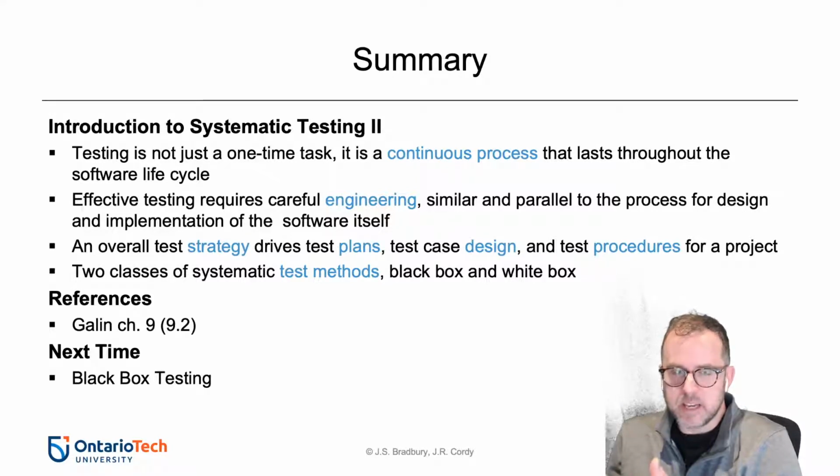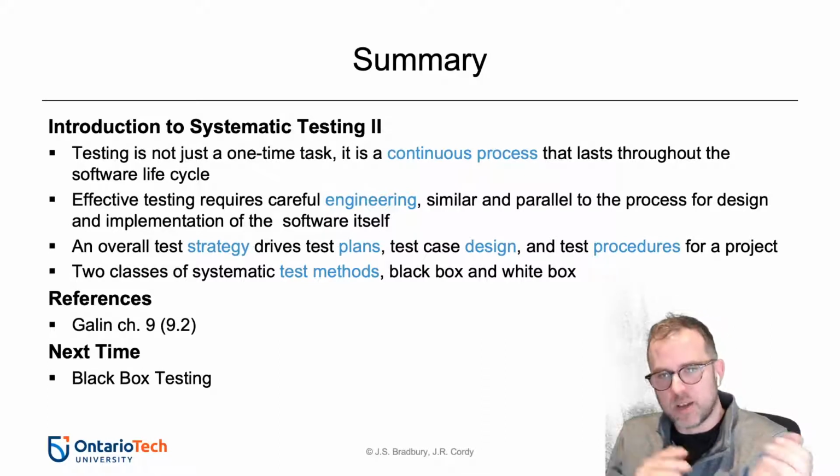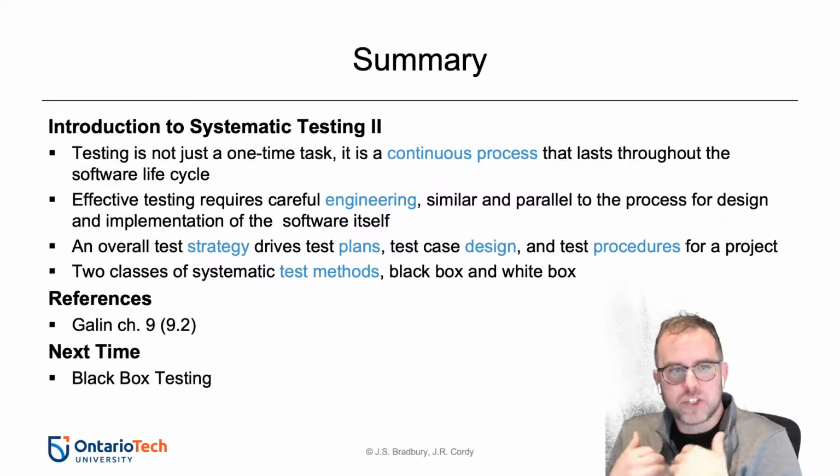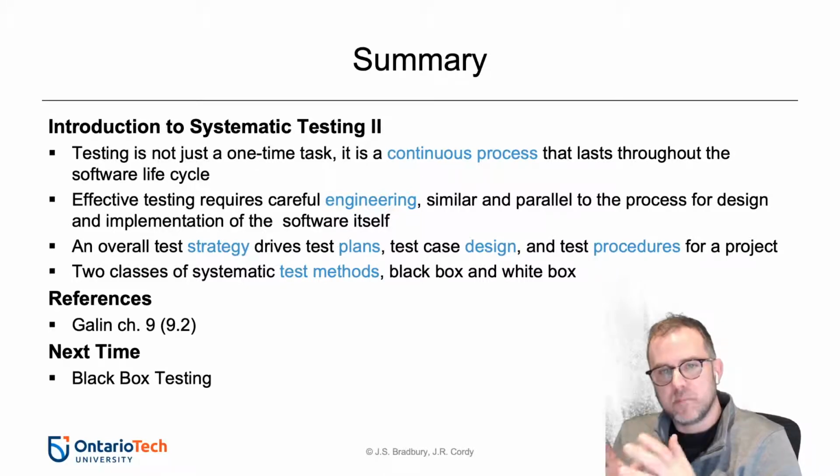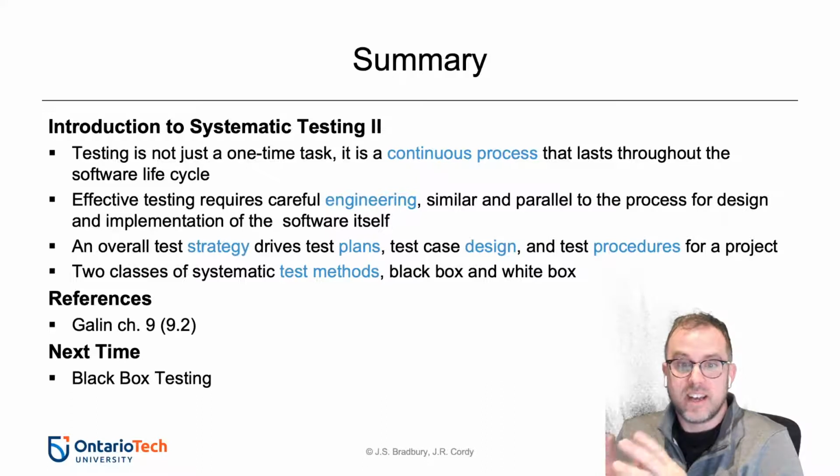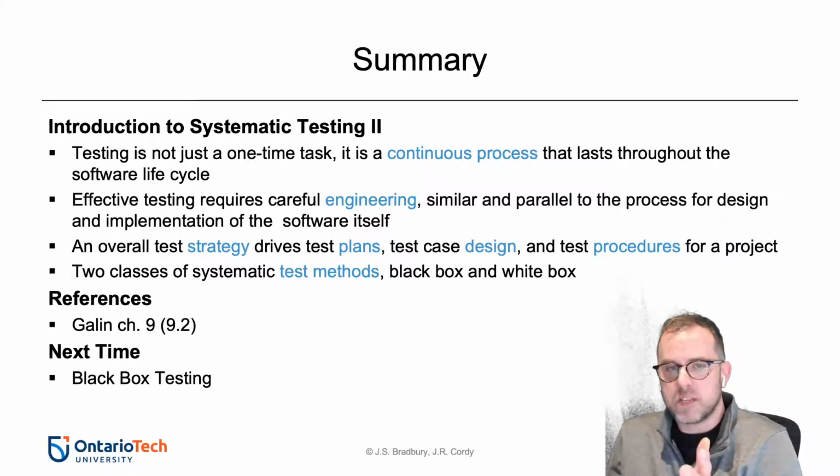The last thing I want to mention, which we talked about up front, is that there are 2 main classes of systematic test methods that we can leverage when doing test case design, and those are black box and white box methods. Black box methods assume we don't know how the software is implemented, or that maybe the software isn't even implemented yet.